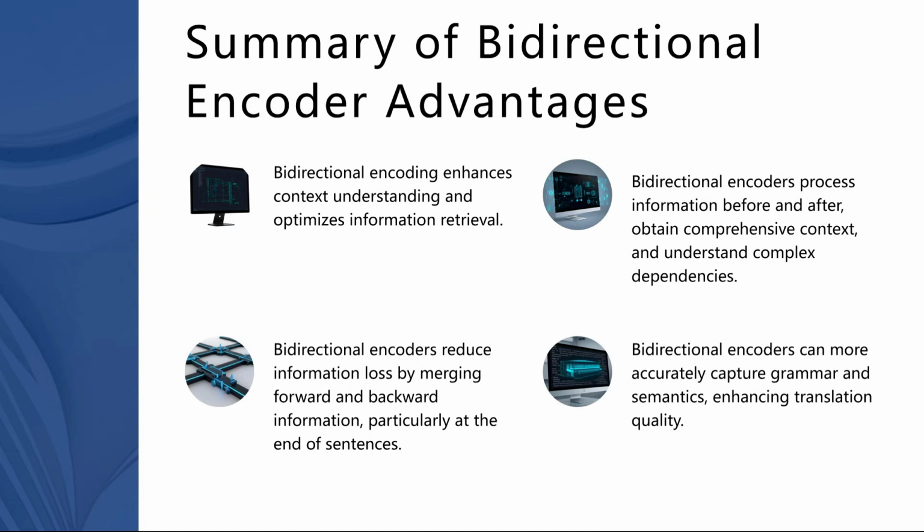The model integrates important features from different directions, leading to a more accurate understanding of the sentence. Unidirectional encoders can only see preceding text and may miss important following information, whereas bidirectional encoders address this through bidirectional processing. Overall, the bidirectional encoder demonstrates clear advantages in text understanding and translation tasks.